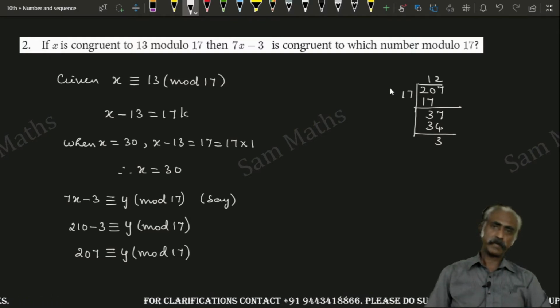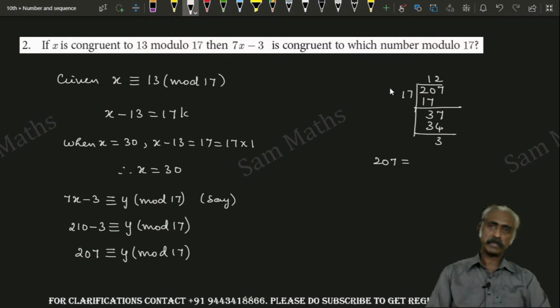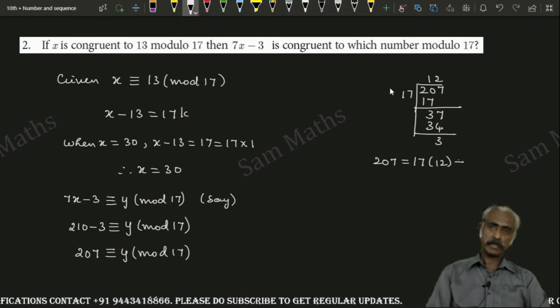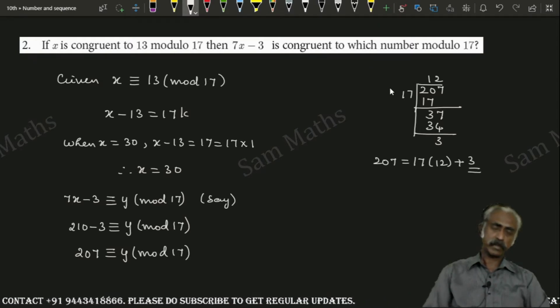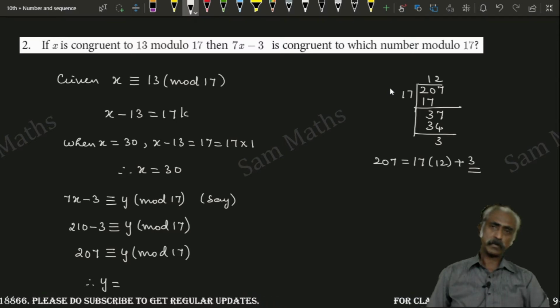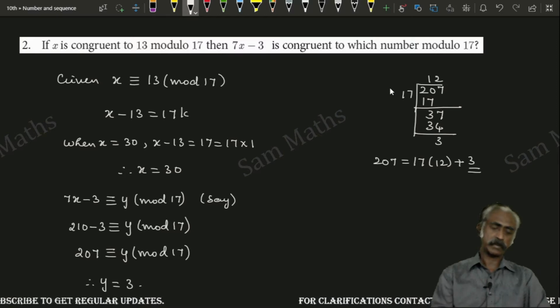So therefore we can write 207 is equal to 17 into 12 plus 3. 3 is the remainder. Therefore we are getting y is equal to 3. This is the required answer.